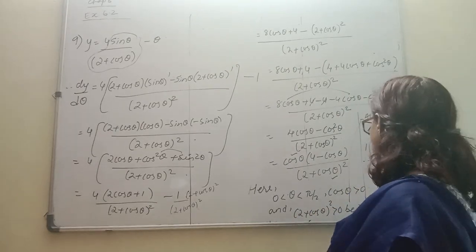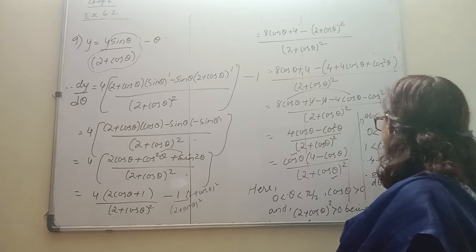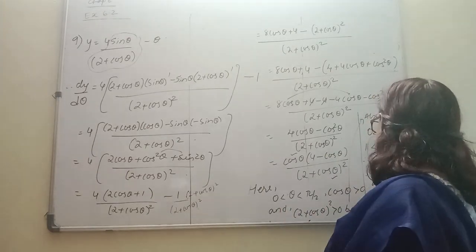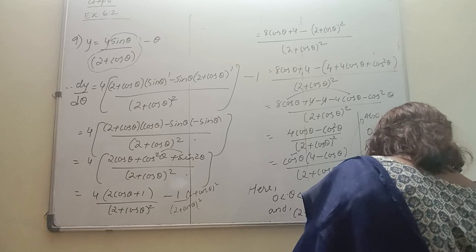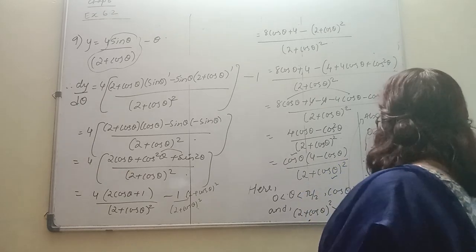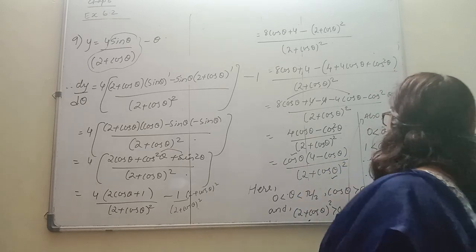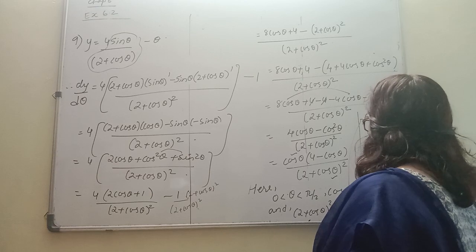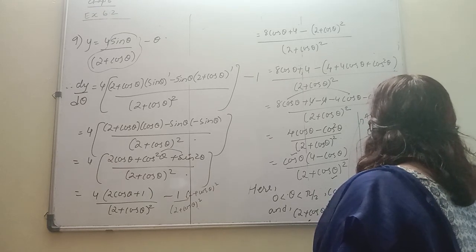So it is going to be positive. So that way dy by d theta is going to be positive, because all the things there are positive. So dy by d theta is positive, and therefore that's how we prove that y is an increasing function in 0 to pi by 2.